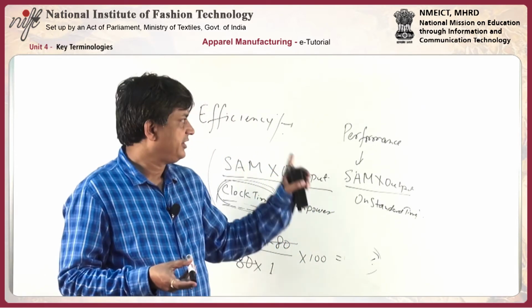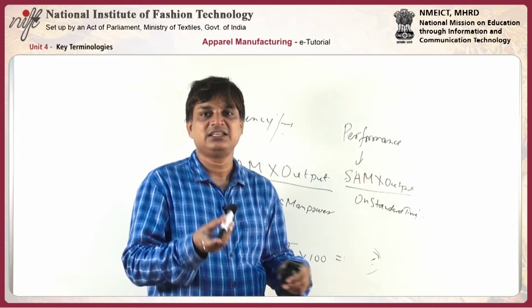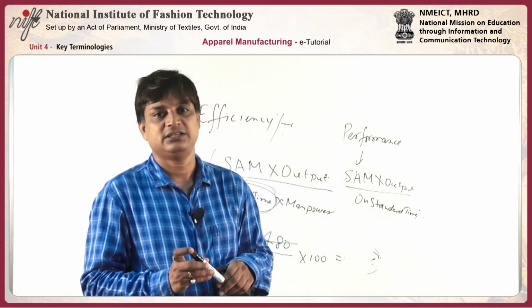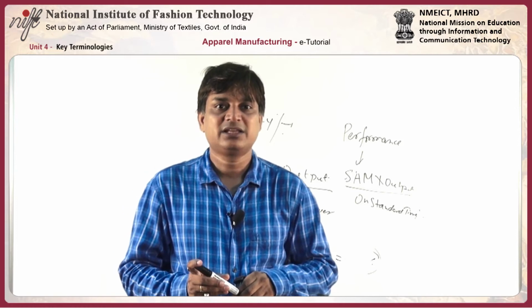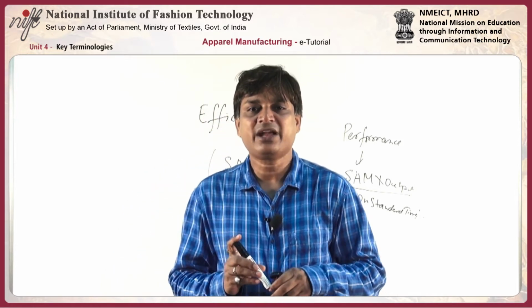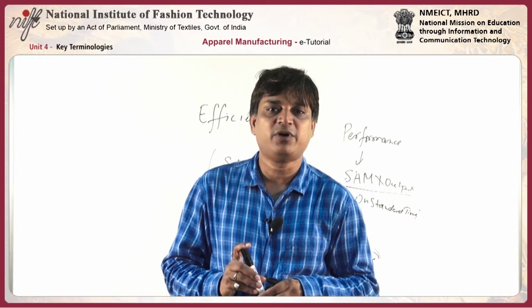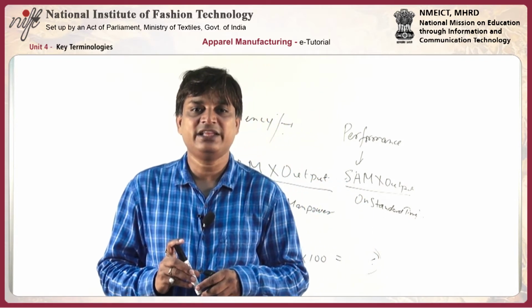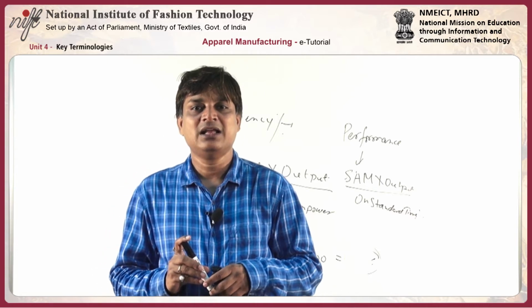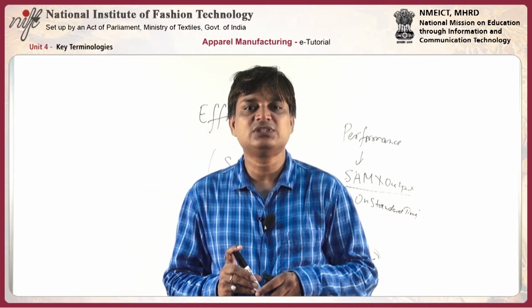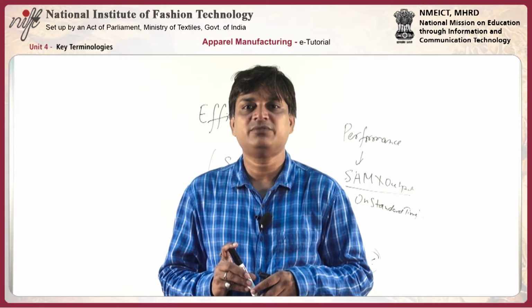After SAM, efficiency and performance, next we are going to talk about the capacity study. When we make a capacity study on an operator, we are measuring the performance she should attain if she continues to work at the same pace and use the same method as observed during the study.